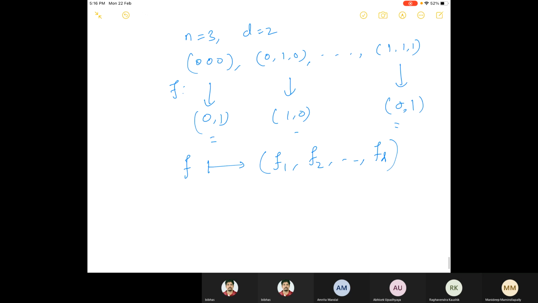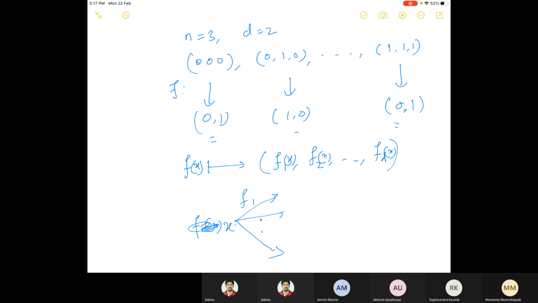And then if you want to compute f(x), they are all individual functions, f1, f2, up to fd. So for some input x, f1 will have some output, f2 will have some output, and so on.